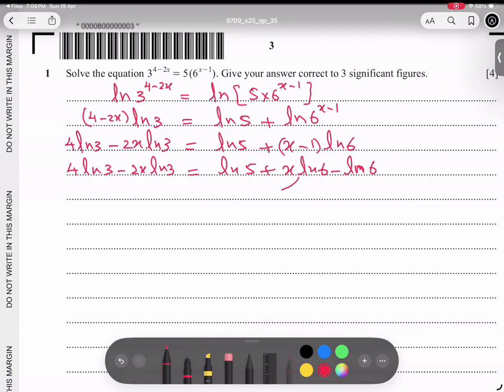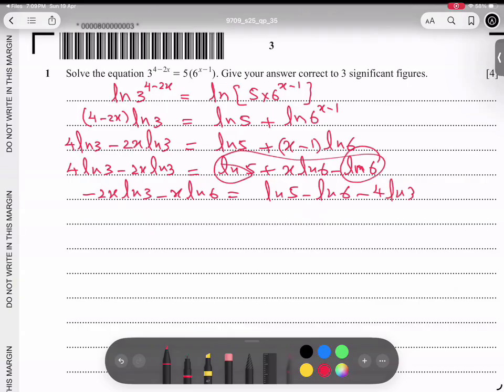I can see this x term can go there and this number can go on the other side. So first I'm writing negative 2x ln 3, negative x ln 6, ln 5, minus ln 6, minus 4 ln 3. Basically, I copied these two values and this value I brought right inside.